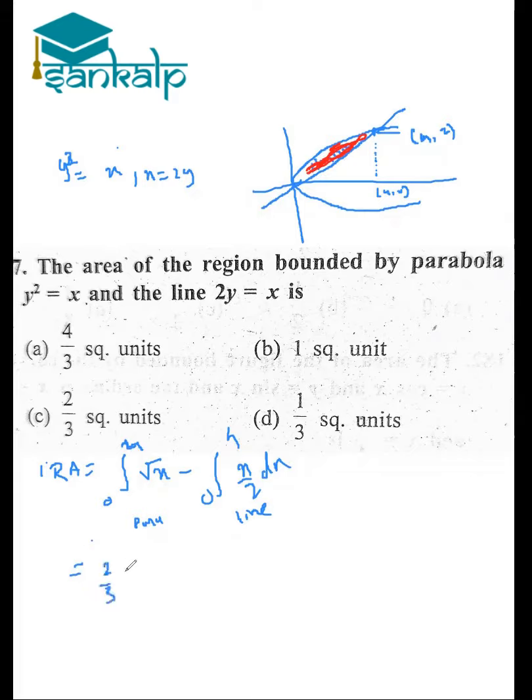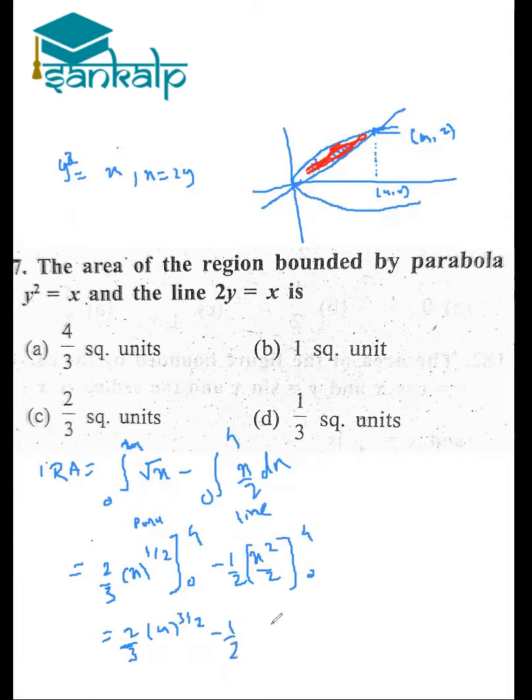Integral will be 2 by 3 x raised to 3 by 2 under the limits 0 to 4 minus 1 by 2 is common, x square upon 2 under the limits again 0 to 4. So on simplifying, we get 2 by 3, 4 raised to 3 by 2, minus 1 by 2, 4 square, is 16.